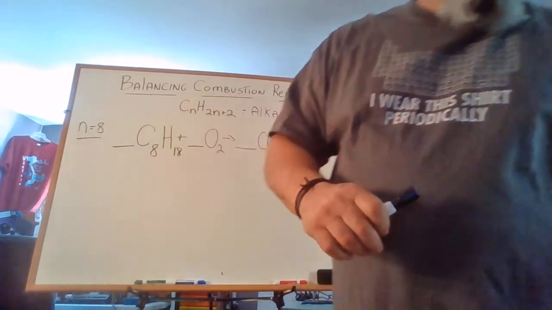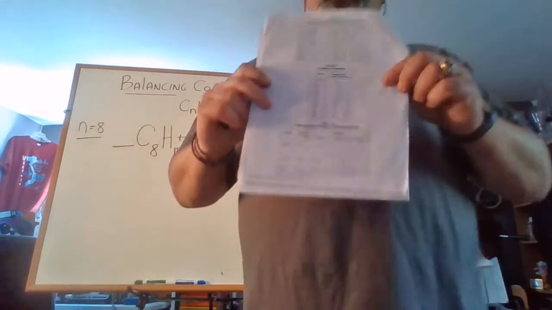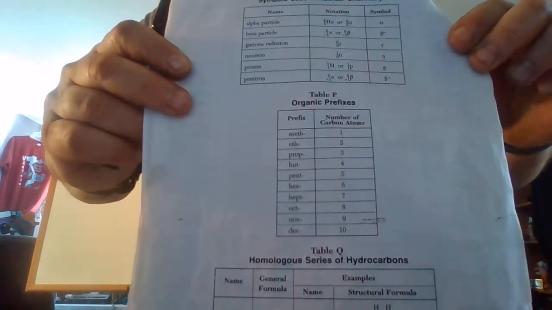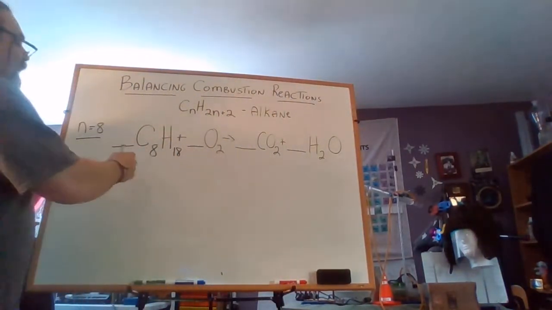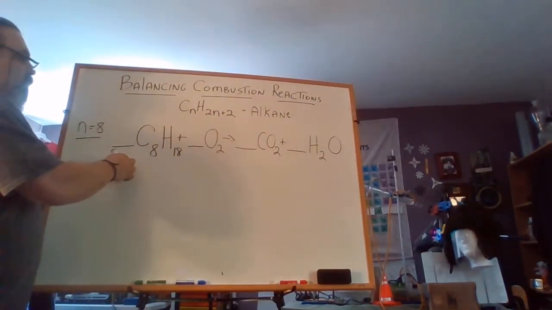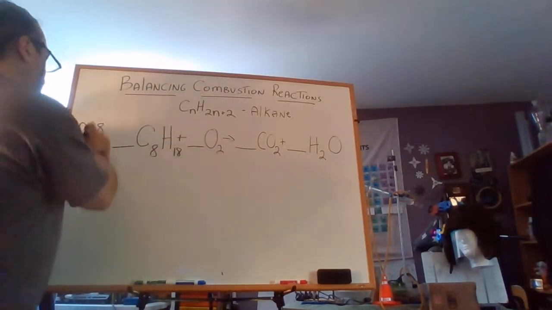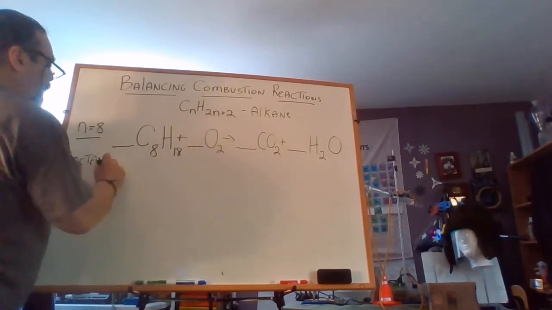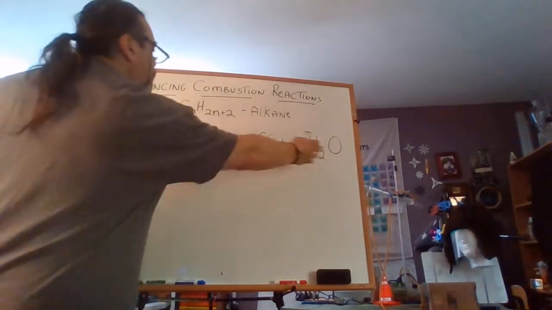So the prefix for an organic molecule with 8, which can be located on the same page, on table P, would be oct, as in octagon. So this is actually called octane. So if n equals 8, we have octane, which is in gas. So we're actually looking at the combustion of gas here in a way. And anyway, with that said, let's go ahead and try to solve this.